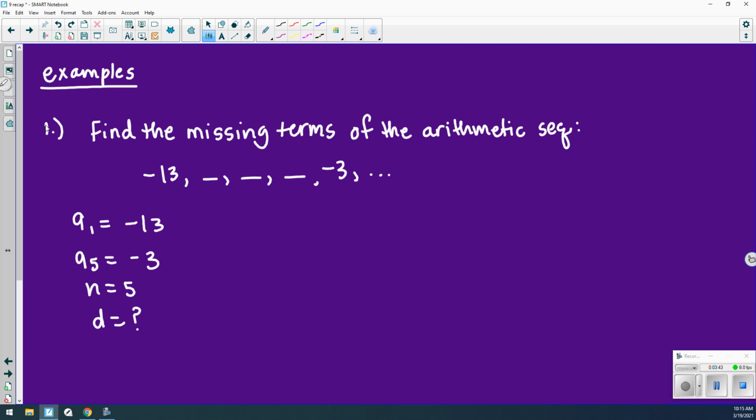Using this -3 as a sub 5, I know that it was found by taking the first term, a sub 1, and then adding n minus 1 times d. My n in this case is 5, but what I don't know is that common difference. And then replace a sub 5 with -3.